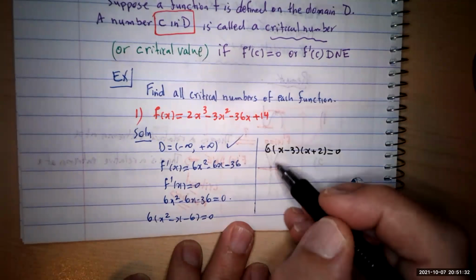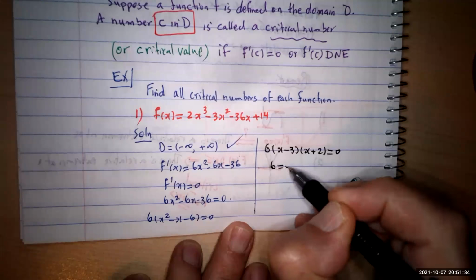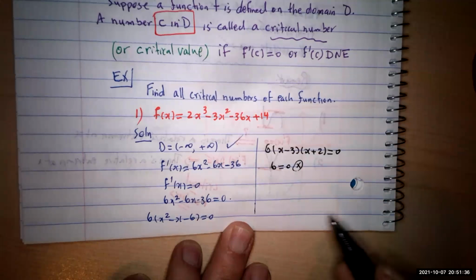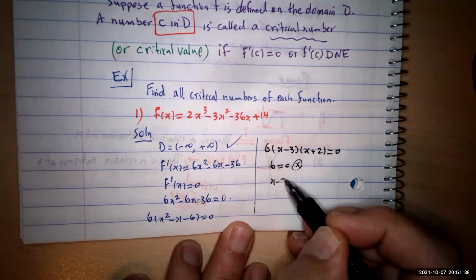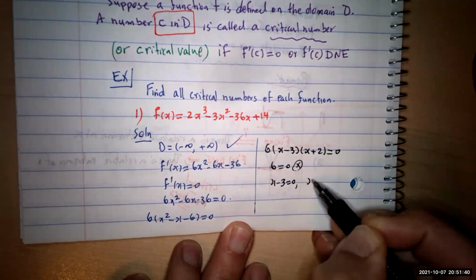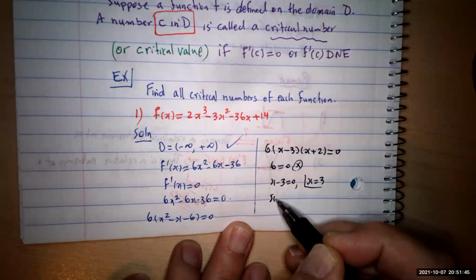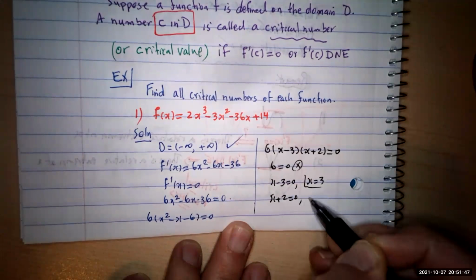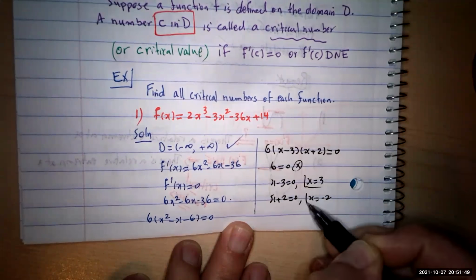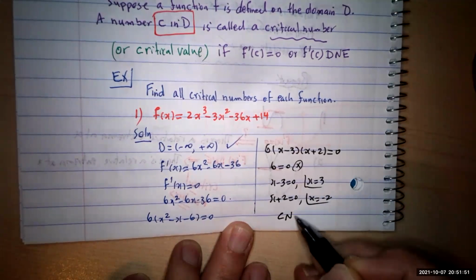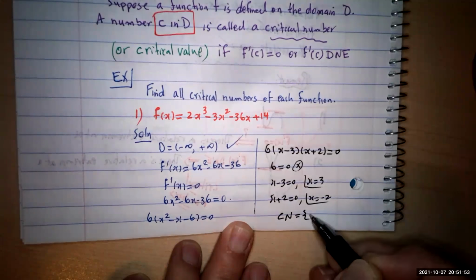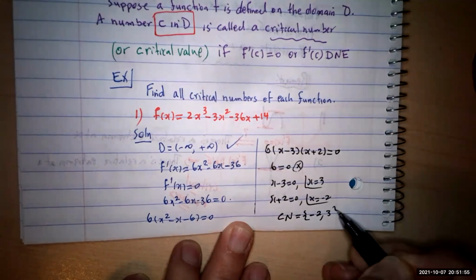You let each factor equal to 0. 6 equal to 0, never, because that's a number. x minus 3 equal to 0 gives you x equal to 3, one solution. x plus 2 equal to 0, x equal to negative 2, the other solution. Critical numbers, CN, are negative 2 and 3. And you're done.